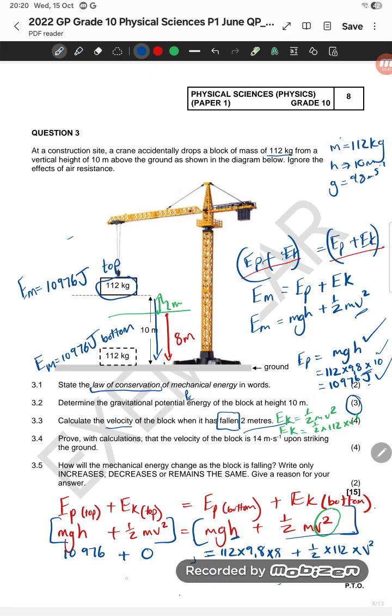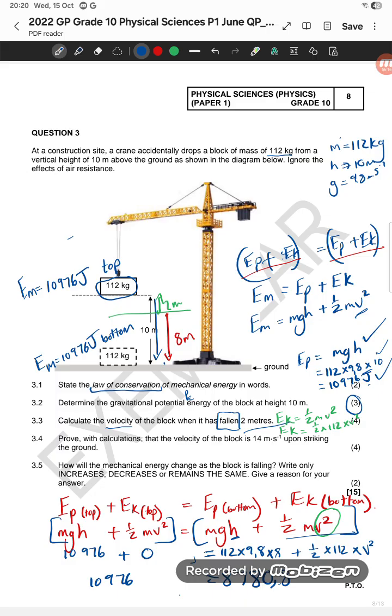So what have I got? Put this in on the calculator so you can see it done separately. 112 times 9.8 times 8, potential to fall 8, is going to be 8780.8. That makes sense because I've got 0.8, not times 10.